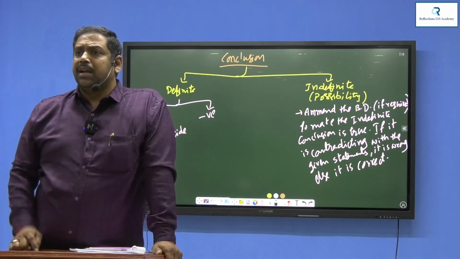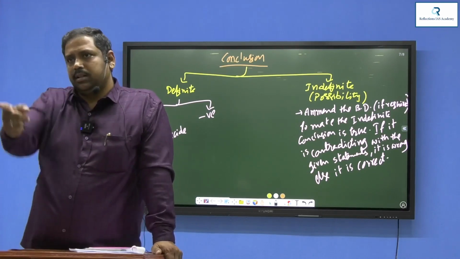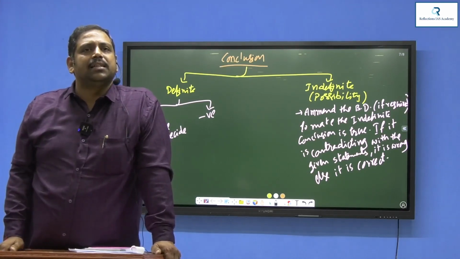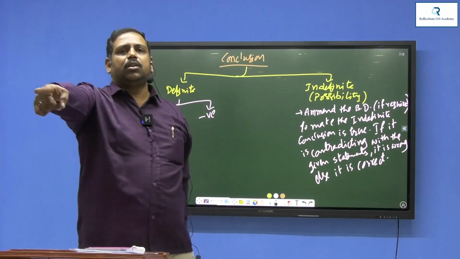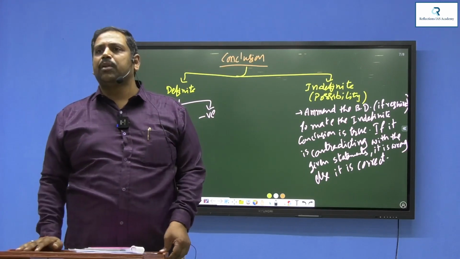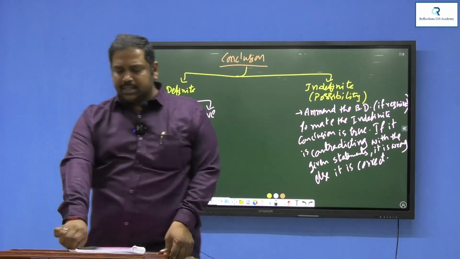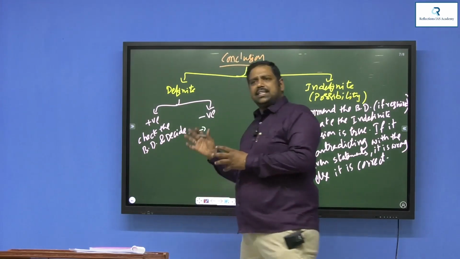If the contradiction is correct, then I will say that is wrong. If the contradiction is not correct, that is right. Yes or no? Okay. So what I will do is go with the negation. First, it is definite now.